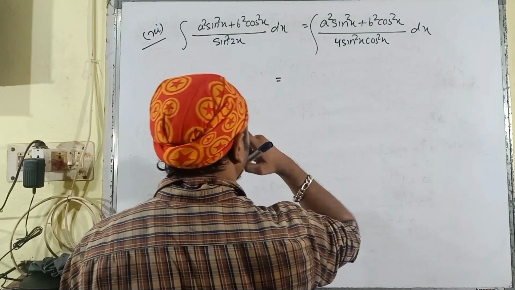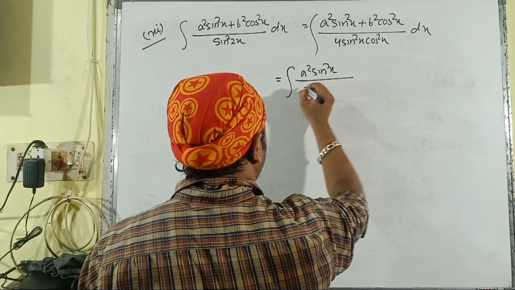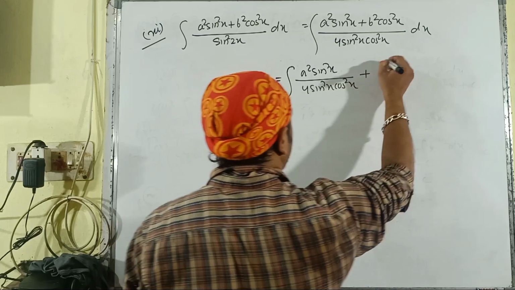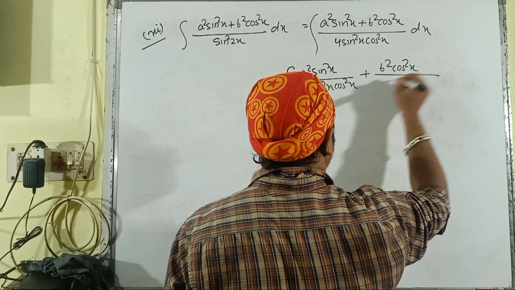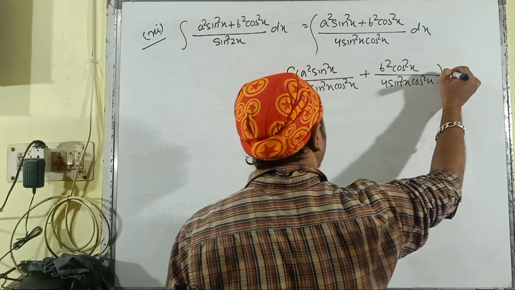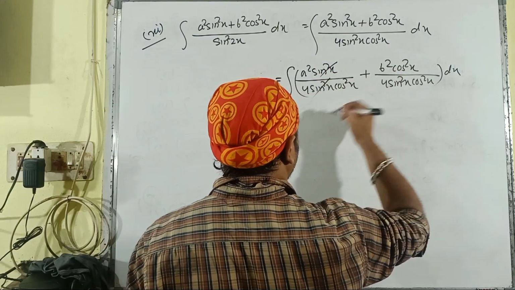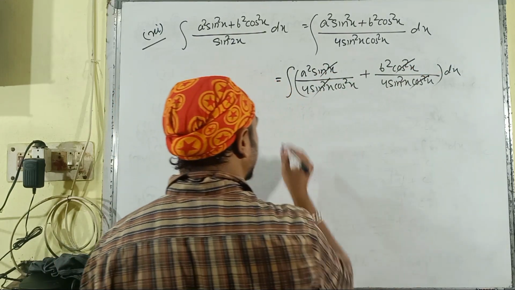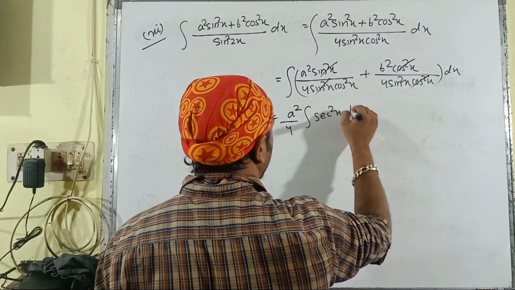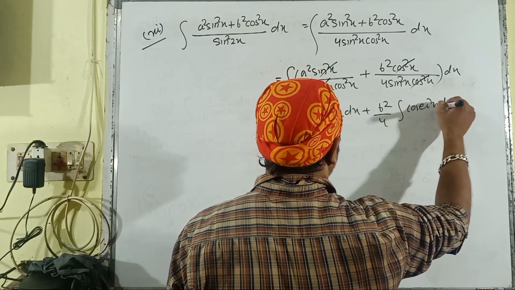Then separating, we have a² sin²x divided by 4 sin²x cos²x plus b² cos²x divided by 4 sin²x cos²x. Cancelling sin²x from the first part and cos²x from the second part, we have a² by 4 integral of sec²x dx plus b² by 4 integral of cosec²x dx.